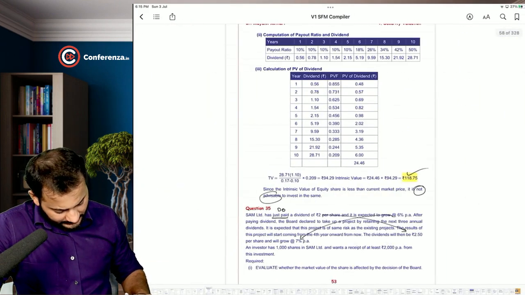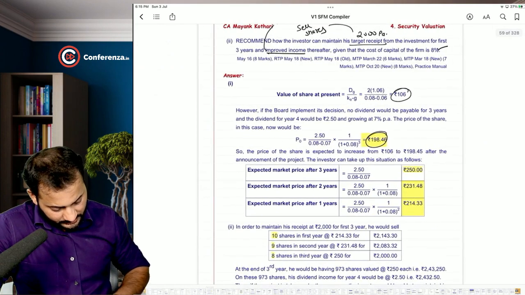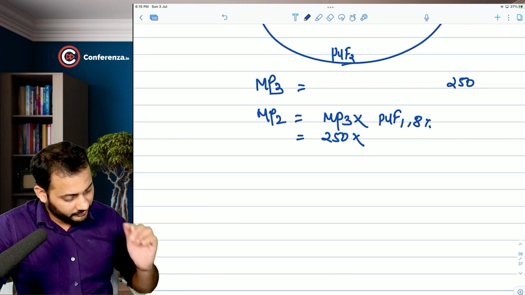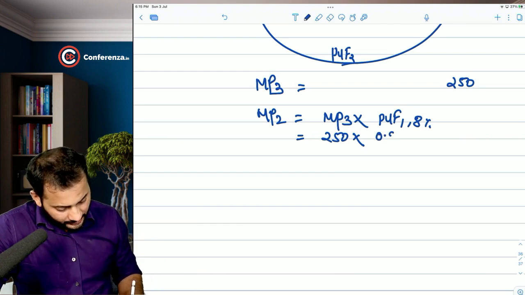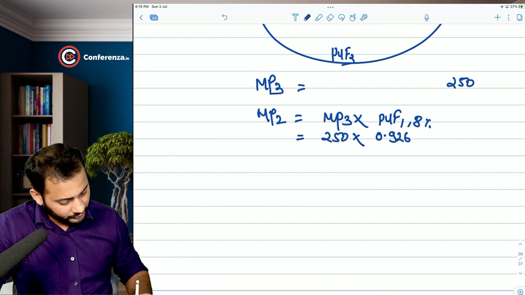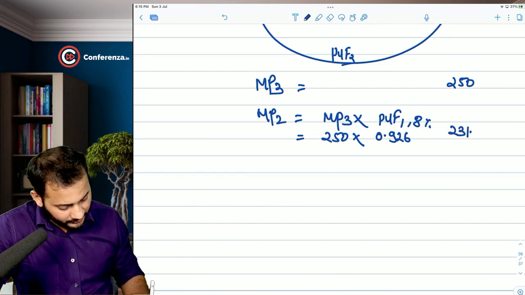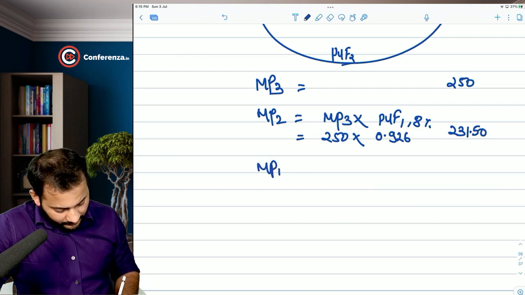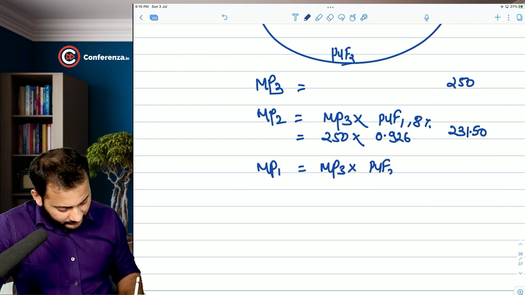Do you think these are given? No, these are not given. So we will take it on our calculator. 1 divided by 1.08. Only 1 year factor is required. 0.926. So it gives us the figure of 231.50. Then we will calculate MP1 as MP3 into present value factor for second year at 8%.